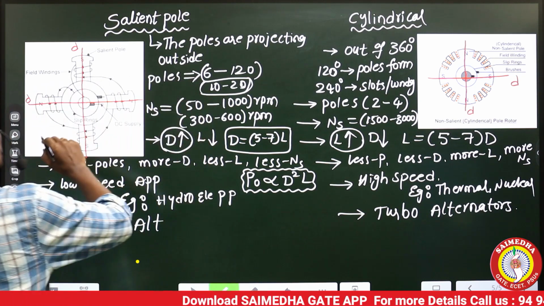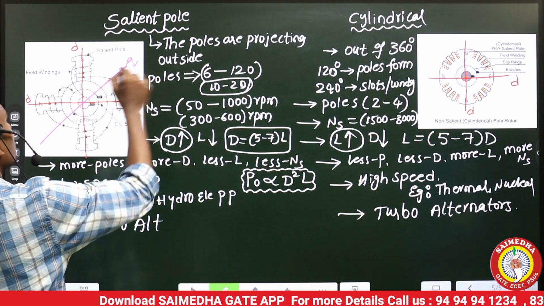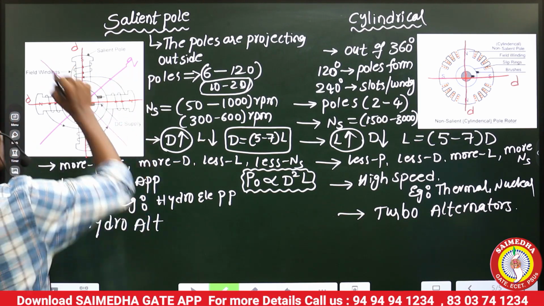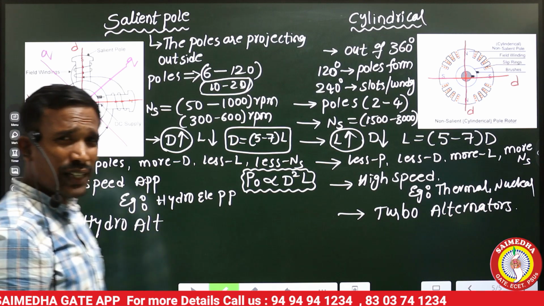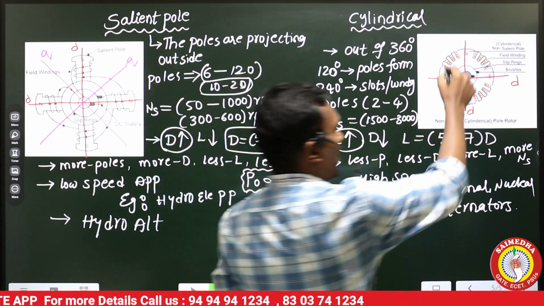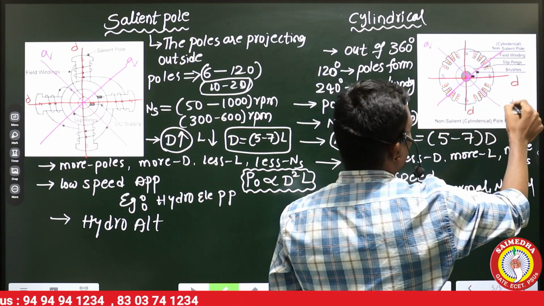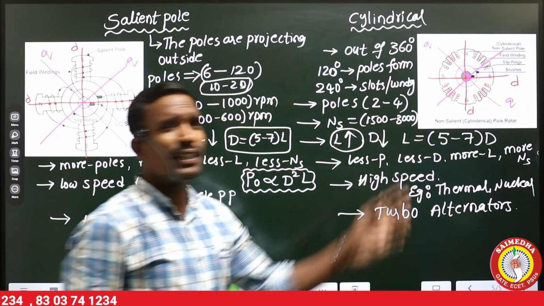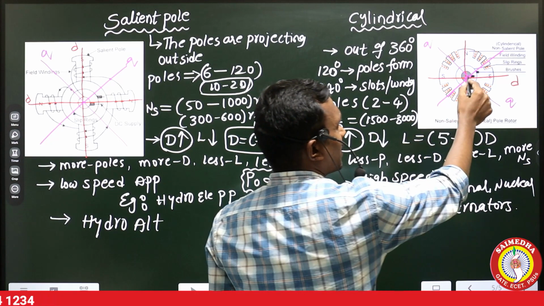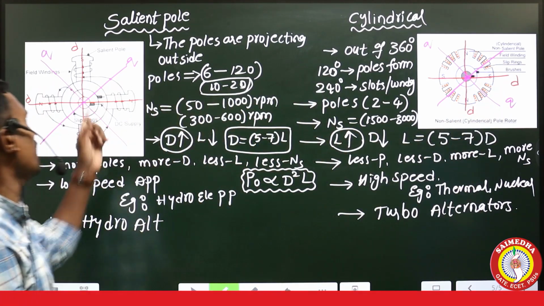So this is my q-axis, and this is my q-axis. Are you satisfied with what I have written here? These two are my q-axis.